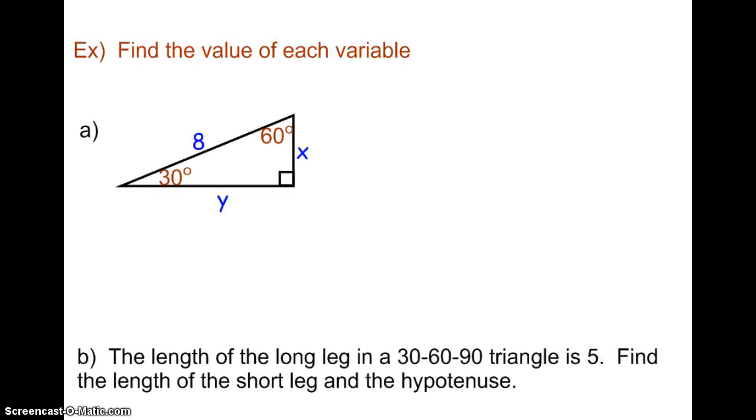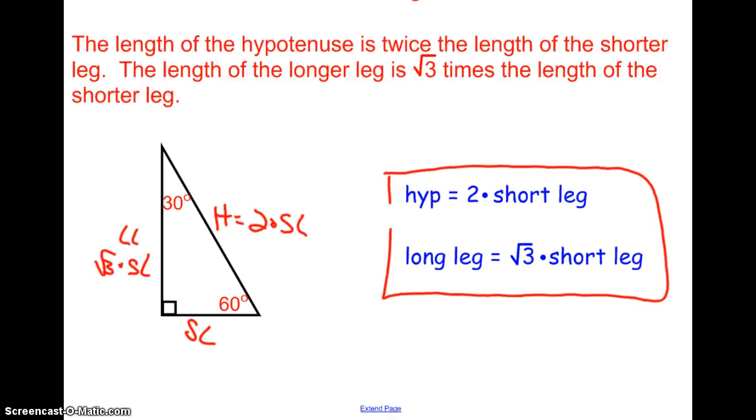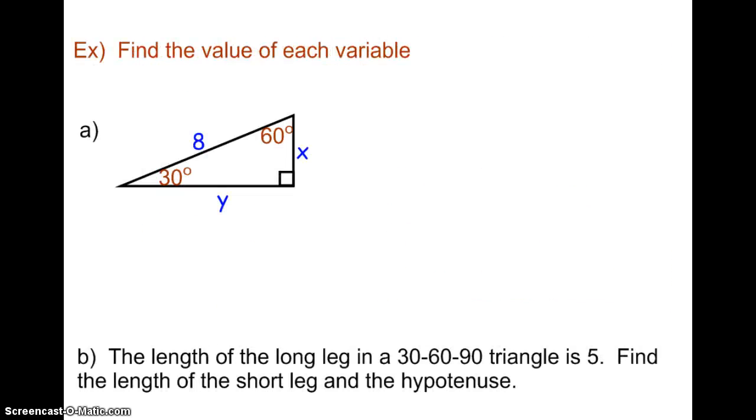Okay, so it says find the value of each variable. Let me go back for a moment. 8, x, y. First thing, we always find the shorter leg. The shorter leg would be equal to x. It's always that relationship, the hypotenuse equals 2 times the shorter leg. So if I've got to find the short leg, I want to get SL by itself: it's the hypotenuse divided by 2.